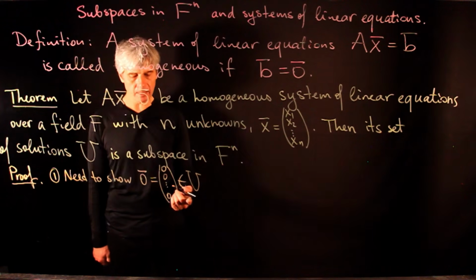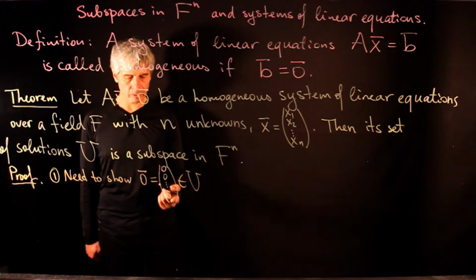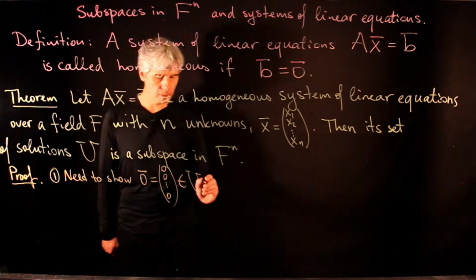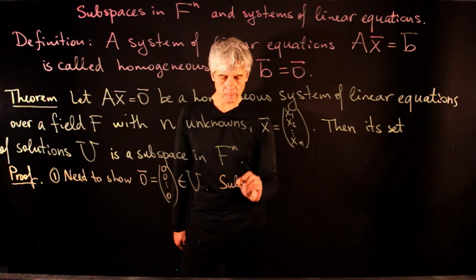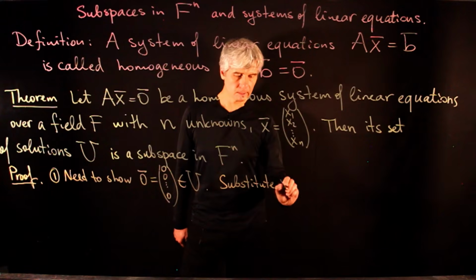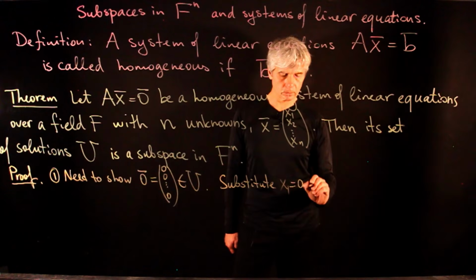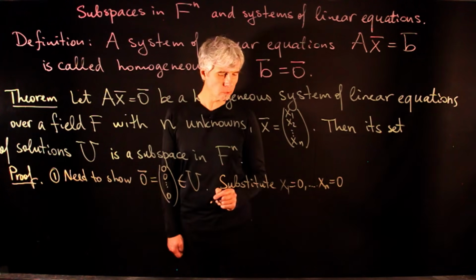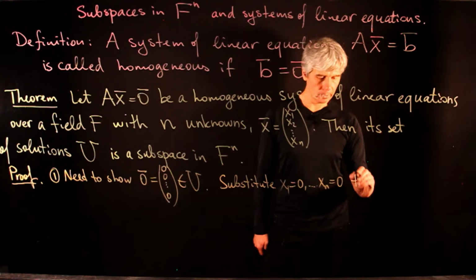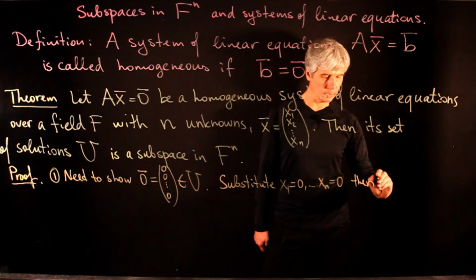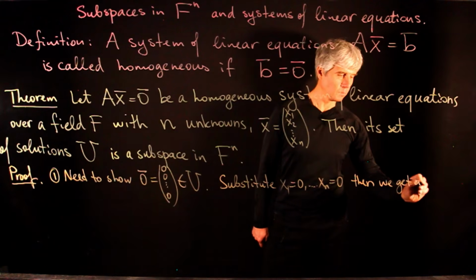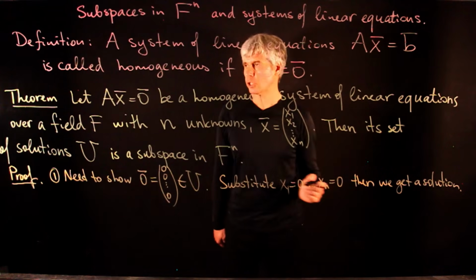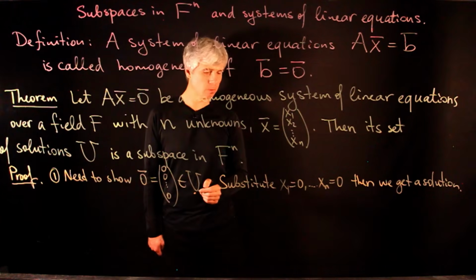This would mean that this n-tuple is a solution of AX equals 0. But here, if we substitute x1 equals 0 and up to xn equals 0, so if we substitute all variables to be 0, then clearly we get a solution, because if we make the substitution, the right-hand side will clearly be 0.